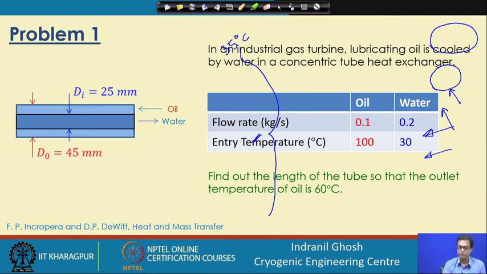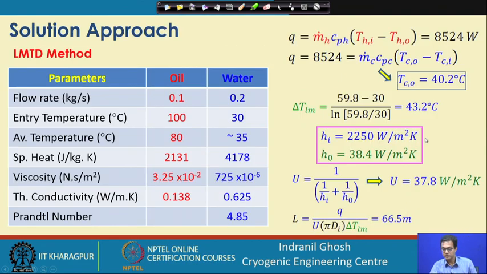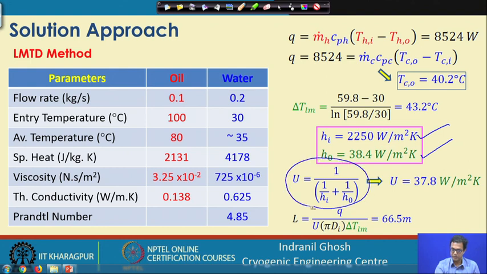So, the only unknown parameter was the length of the tube, and since the diameters were known to us, we were able to find the heat transfer coefficients, and based on that the overall heat transfer coefficient.